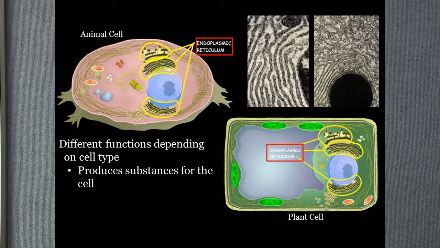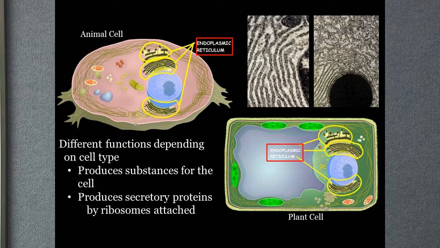They make the casein for the milk that we drink, the protein in the milk. There are other ones that don't have ribosomes, and that makes steroid hormones. It makes the adrenaline that you have. And so they also produce substances for the cell's needs or for secretion, and the ribosomes on the surface direct the secretory products.